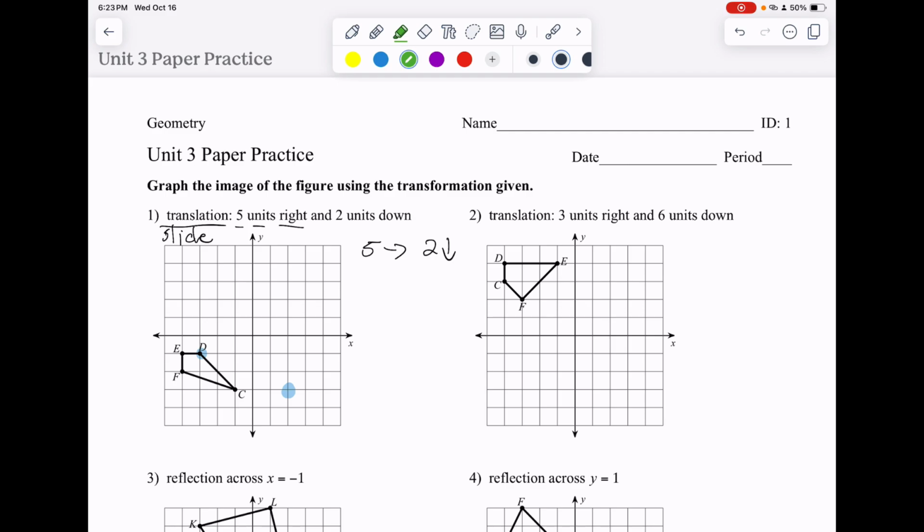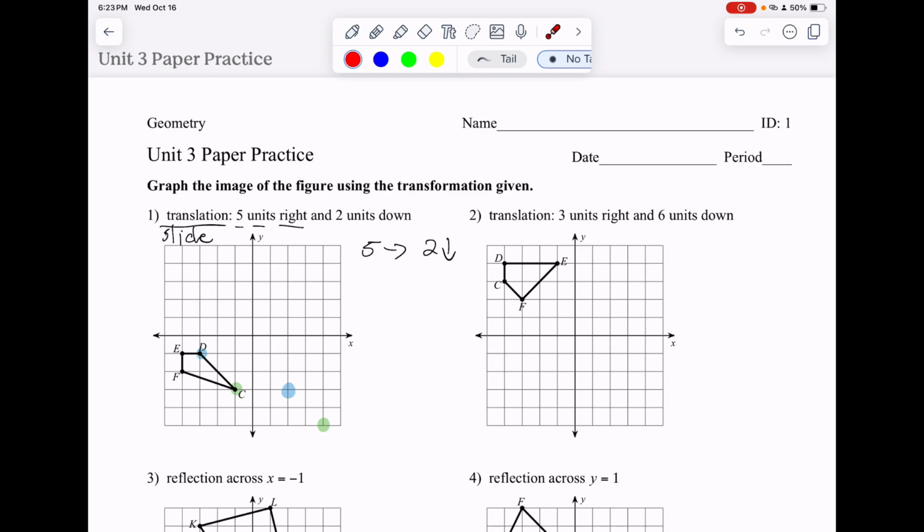So I'm going to color code each of these shapes, you could say. And then we'll have the C, again, is 5 units right, 2 units down. One thing that I notice is that the D and C are 2 units right and 2 units down from each other.